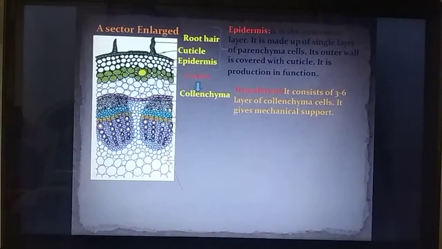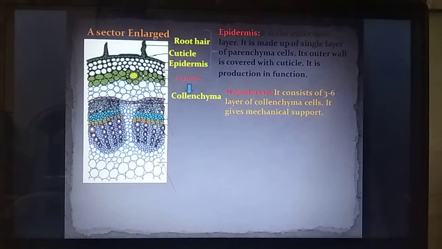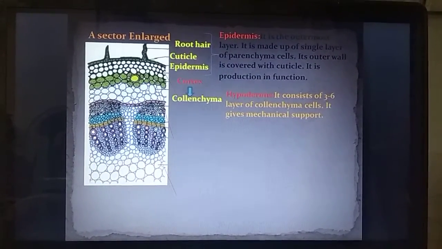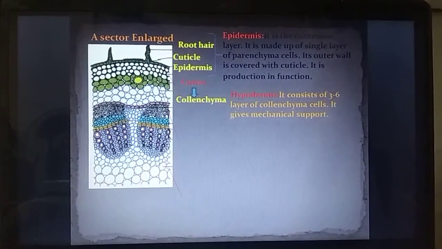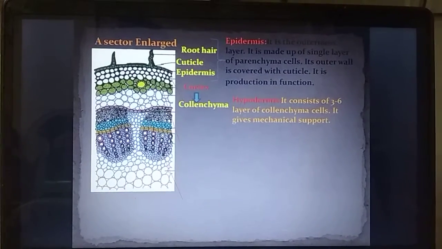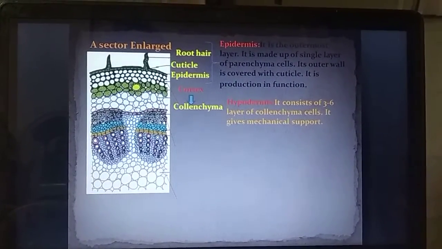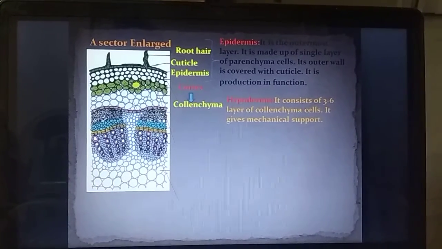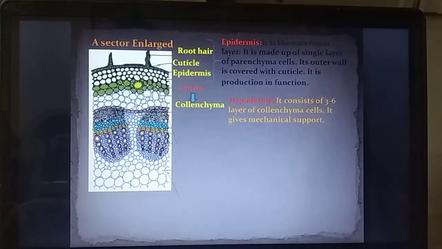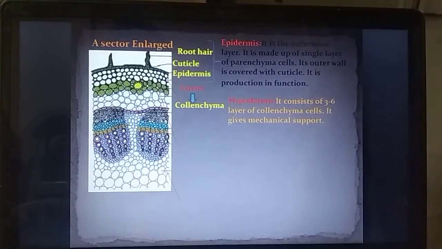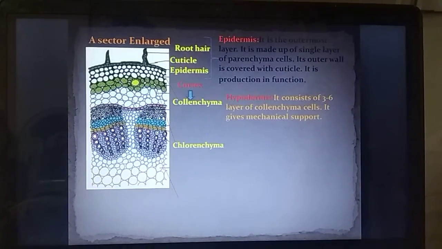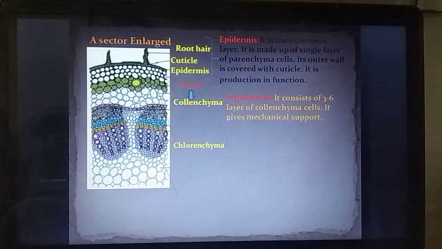What is meant by mechanical support? The plant stands erect during natural calamities, like wind. That is mechanical support.